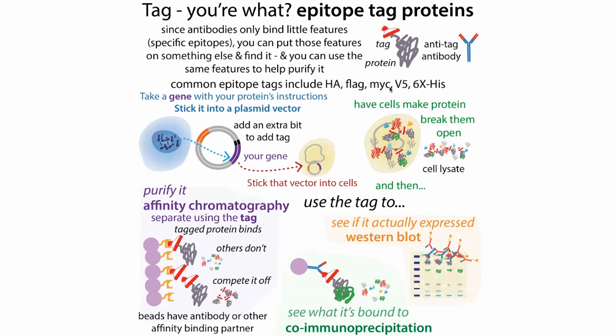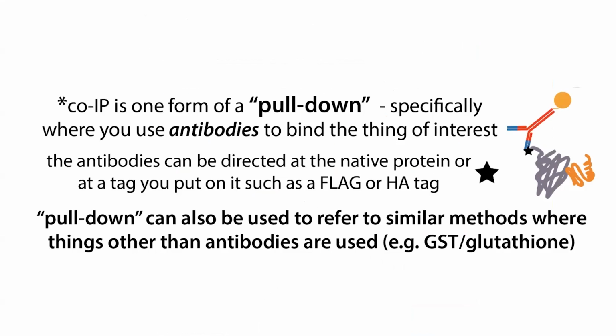Basically, these are short sequences that we have really good antibodies against, that you can commercially buy. So we just have to stick this really short sequence onto the end of our protein, and now we have a site that there are really good, specific antibodies against.